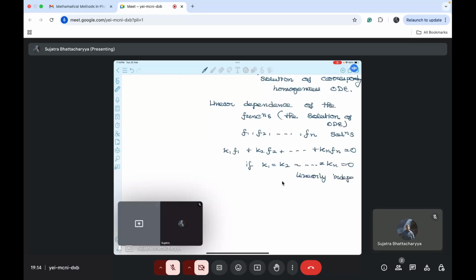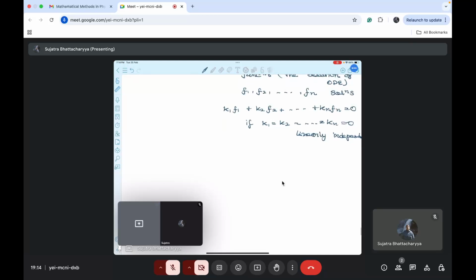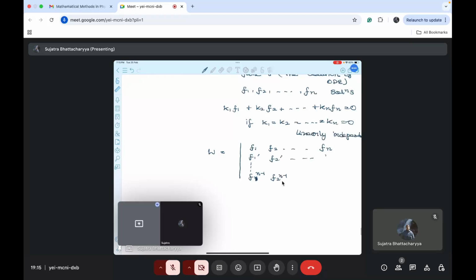Right? The same thing can be written in terms of derivatives. So W, we write it as f1, f2, so on up to fn, then f1 dash, the first order derivative, so on up to fn dash, down to the (n minus 1)th derivative. Similarly for f2 and fn.